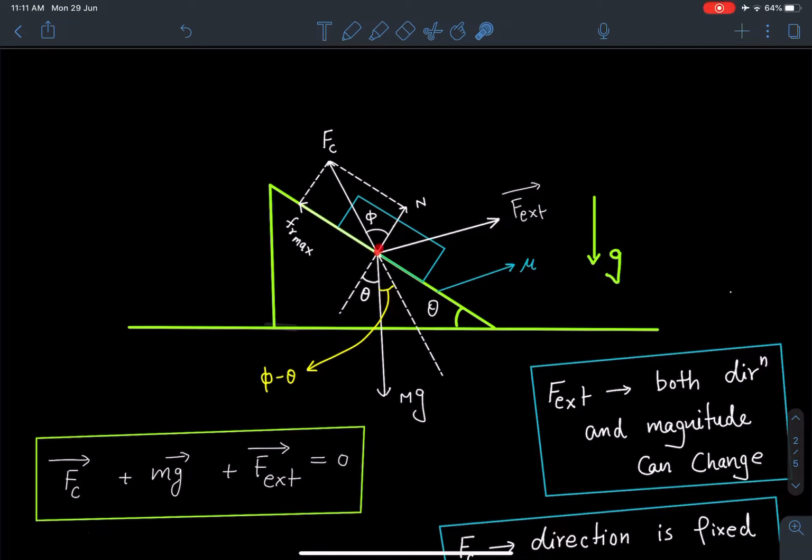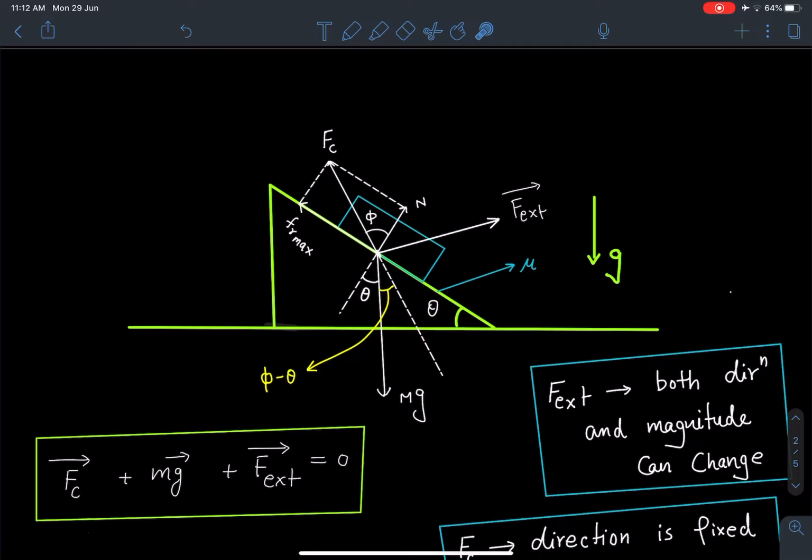Other forces acting are the normal reaction and friction. Let's say at some random direction this F external is acting, which will allow this block to move. This F external is chosen in such a way that this friction reaches its maximum value. Now in this particular situation, I hope you can see this part where the normal reaction and the maximum value of friction, the resultant is making an angle of phi. This is the same angle phi which we have defined as tan inverse of mu.